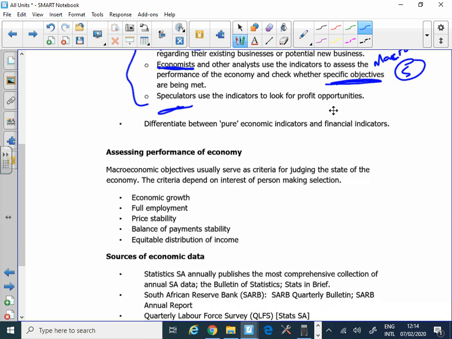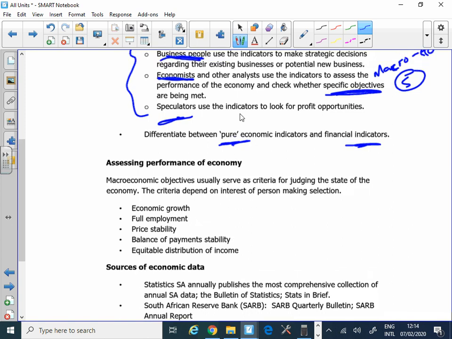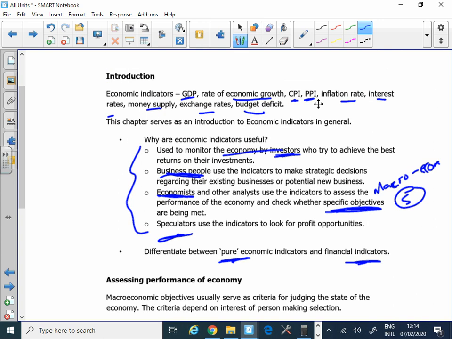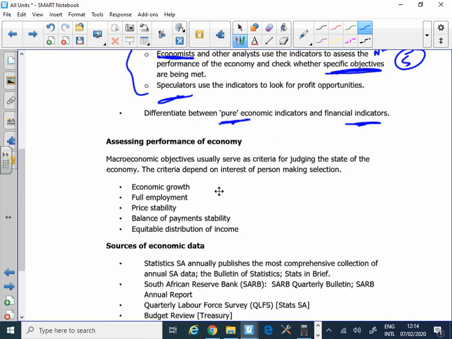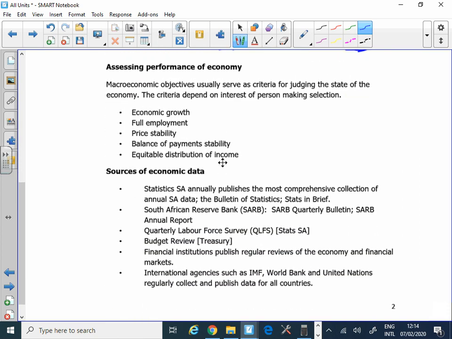Over here, we need to be able to differentiate between pure economic indicators and financial indicators. Most of the ones that we've dealt with here would be our pure economic indicators, the ones that we have over here. Financial indicators are a different set of indicators, but in this instance, we are mostly interested in just our economic indicators.